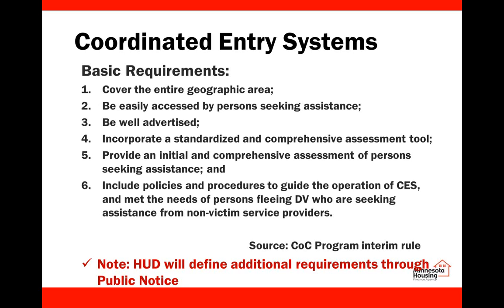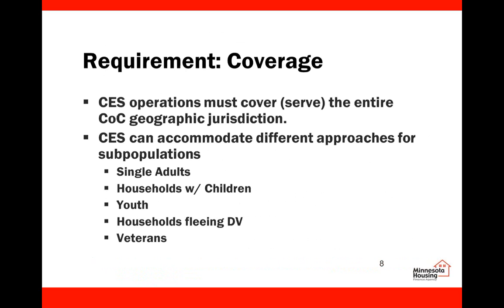These policies and procedures must specifically meet the needs of families and individuals who are fleeing domestic violence and who are seeking assistance from the continuum of care. These 6 basic requirements are established by HUD. In the near future, we expect HUD to release more standards, but these 6 standards have all been adopted by continuums of care in the state of Minnesota and will be adding to these basic requirements in the coming year.